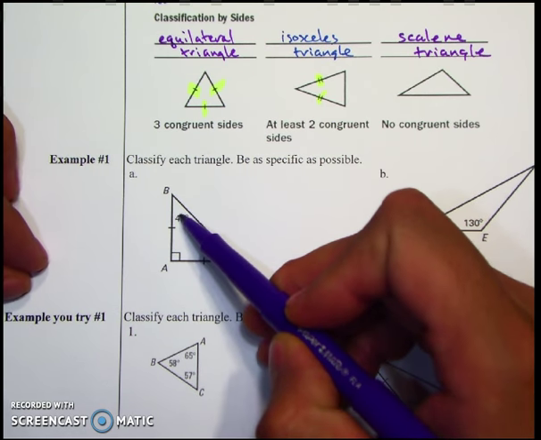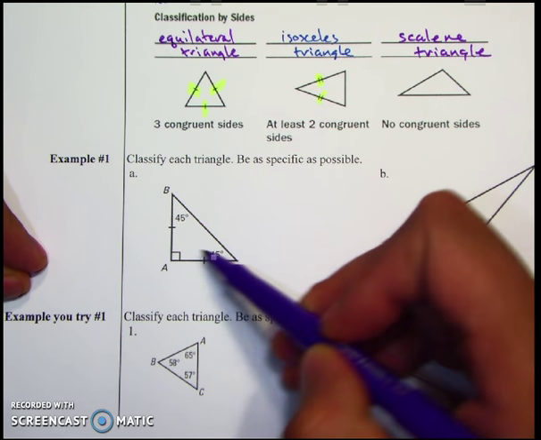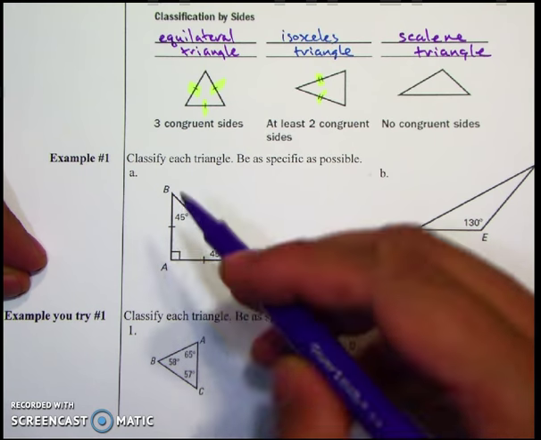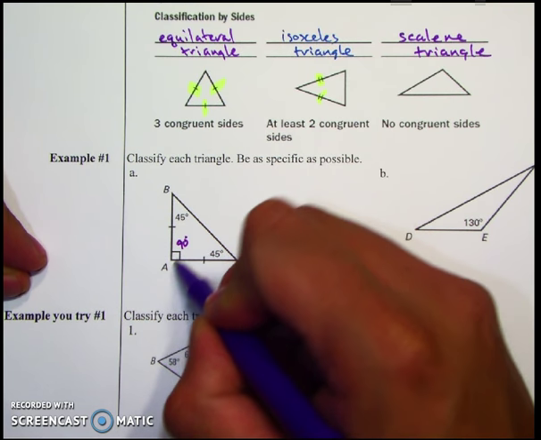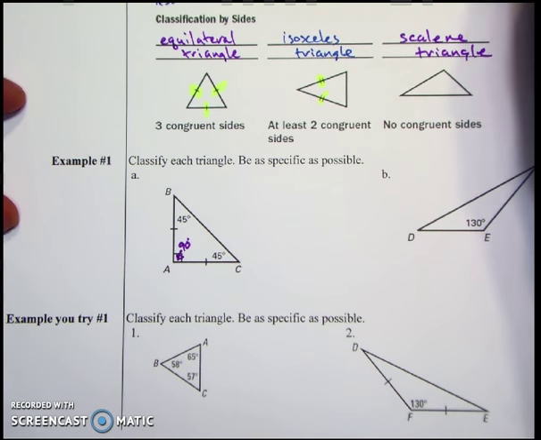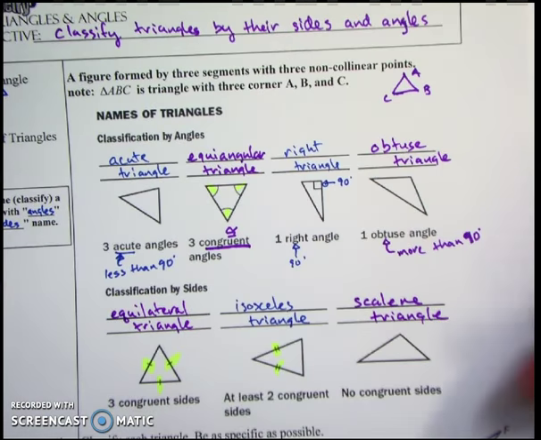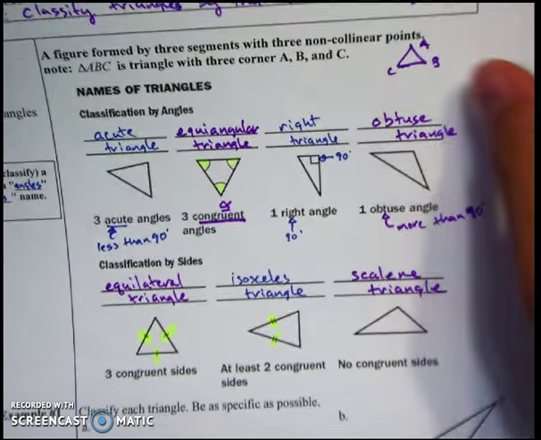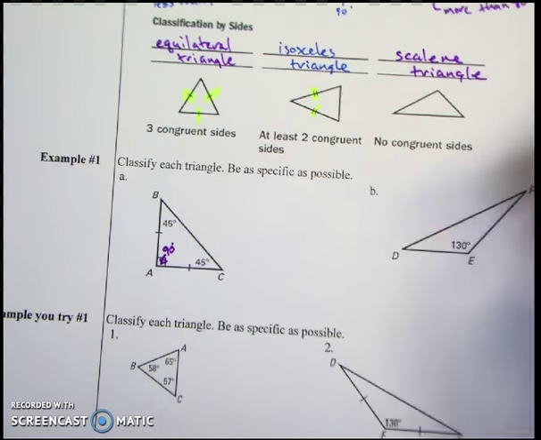Notice that 45, 45, that's acute, but then how many degrees is this one? If you notice, it's 90 degrees right here. Now based on what we learned, if it's 90 degrees, we know it's a right triangle. So here, we're going to label right.